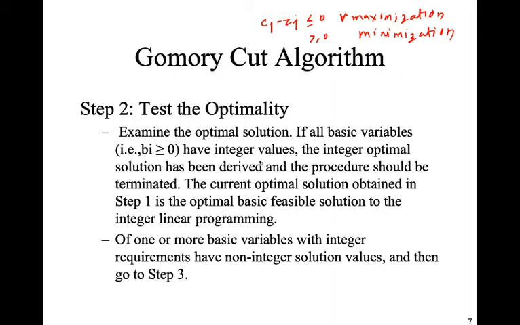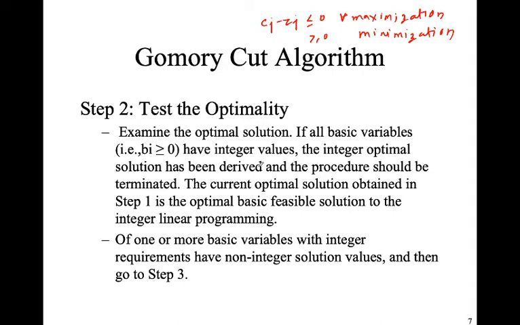If it is optimal and all the decision variables on which the integrity constraint has been put are taking integer values in the final table, that means our problem has been solved by using the simplex method. Let me put it once again. If your solution is optimal and the decision variables on which we have the integrity condition get integer values in the final table, then we are done.